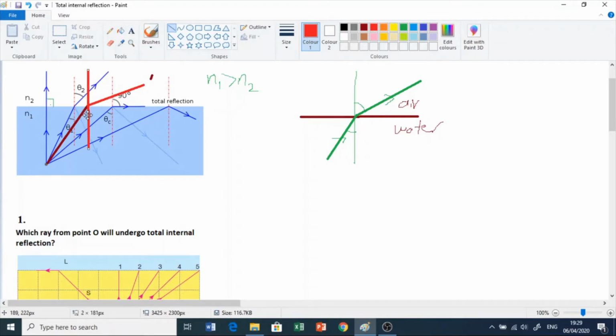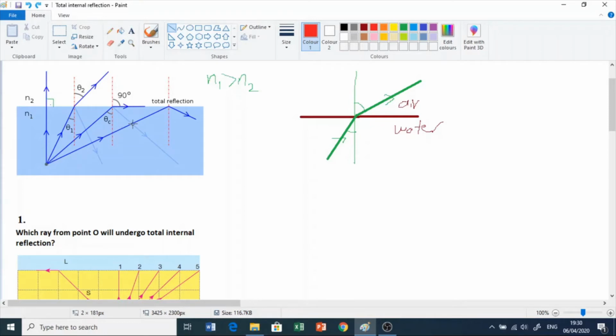We have another angle of incidence, and at a critical angle, the angle of refraction becomes 90 degrees and the light moves along the interface between the two mediums. At this angle, where the angle of refraction is 90 degrees, the angle of incidence is called the critical angle. Okay, but this is not all.